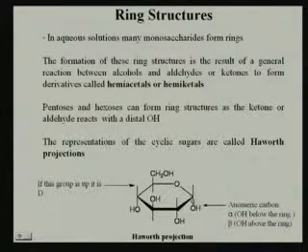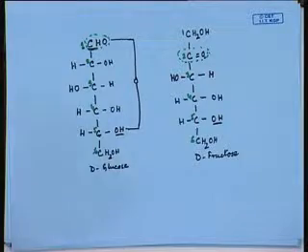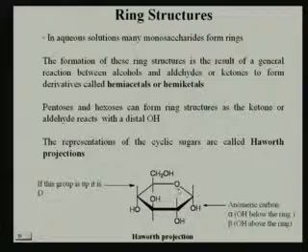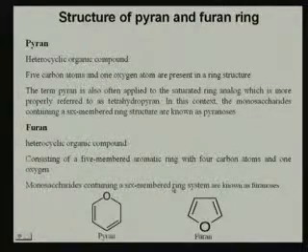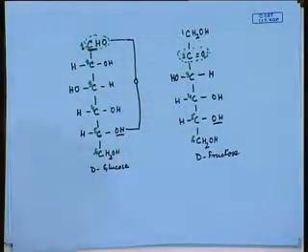If we do the numbering, this is the first carbon, second, third, fourth and fifth. Now here this fifth carbon, you see this CHOH. So here this OH and H is there, and it is forming the ring-like structure. This is the tendency commonly found in case of the monosaccharides.